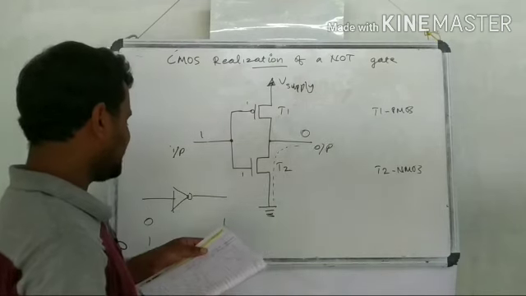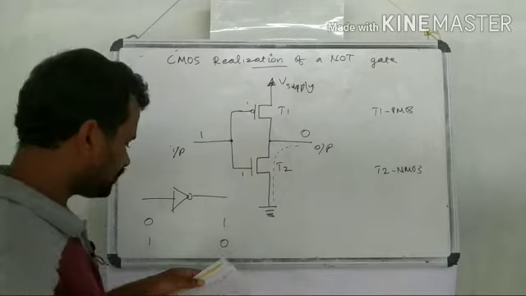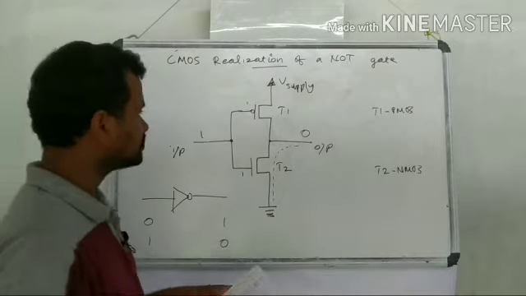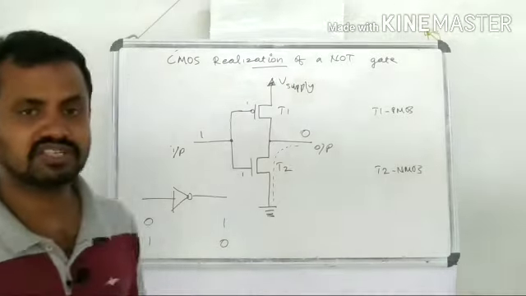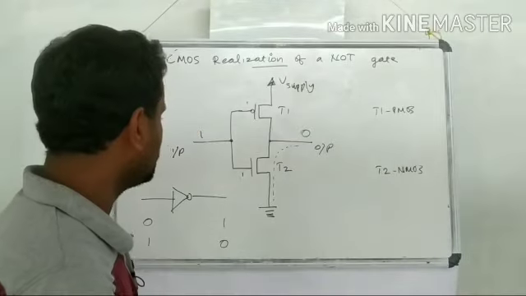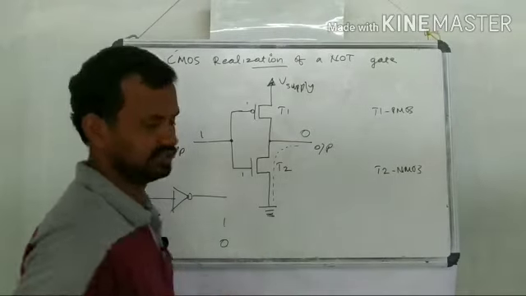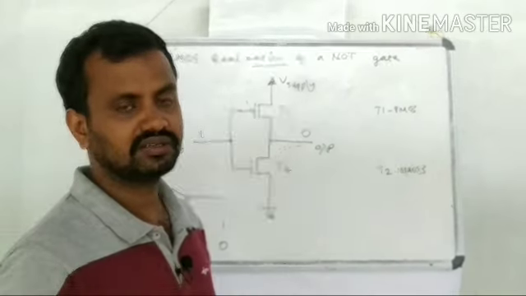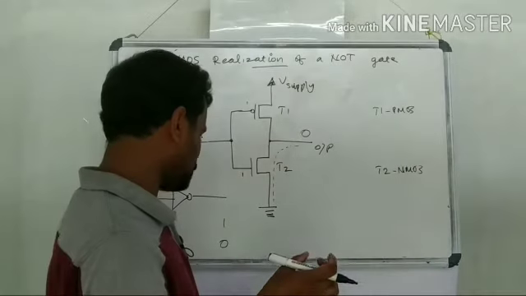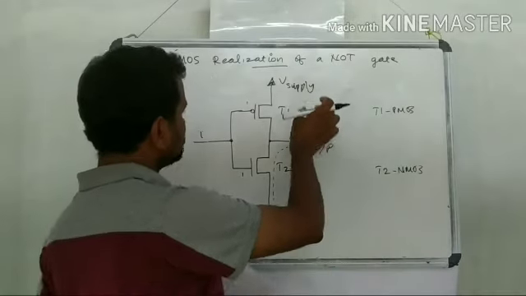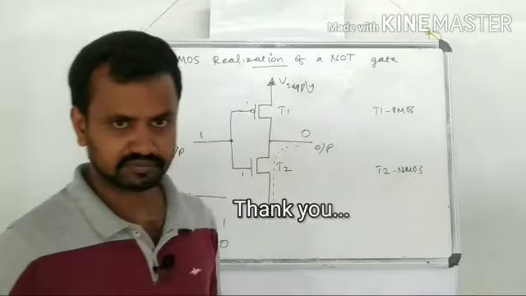So this circuit does not dissipate appreciable power when it is in a steady state. So the power dissipation will be less in the case of this CMOS realization, because there is no closed path between supply and ground.